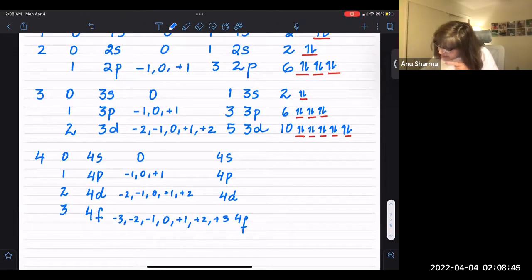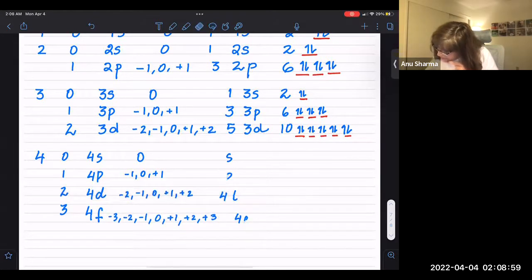So the number of orbitals, I forgot to put that here. Just give me 1 minute. Make this small. Okay, so here something that I forgot was the number of orbitals. So here we have 1 for 4s, 4p will have 3, 4d will have 5, and 4f has 7.